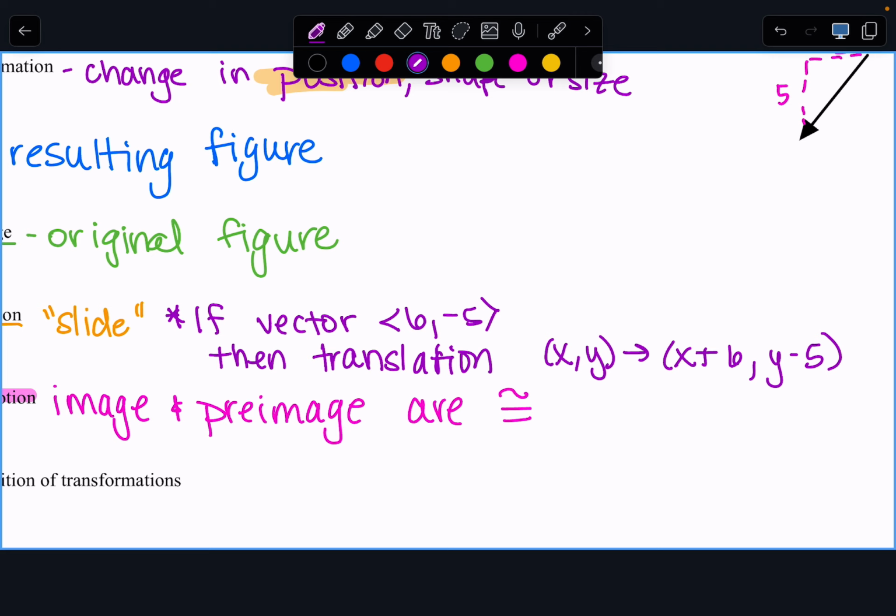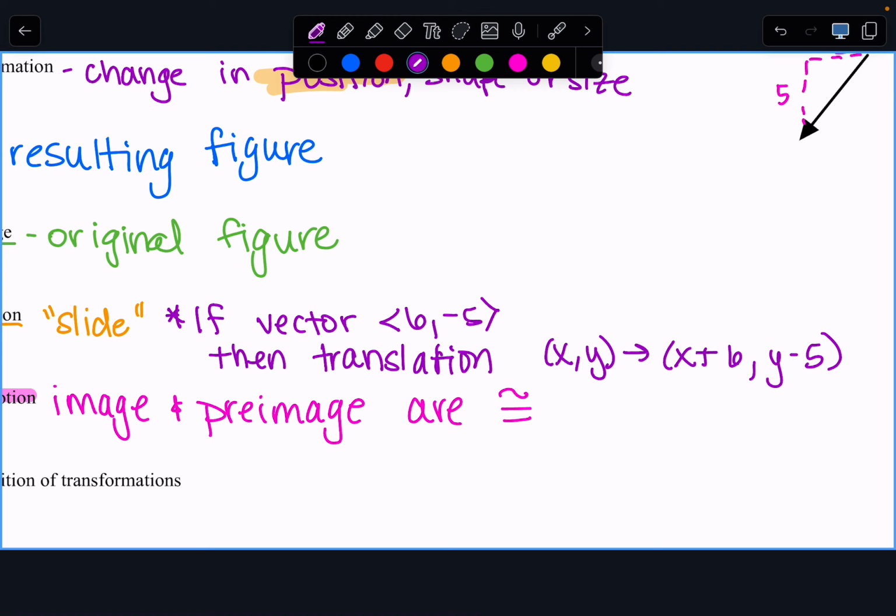Because if this vector is telling me to go right 6, down 5, then I'm going to take all of my x coordinates and move them right 6, and all of my y coordinates and move them down 5. Guess what, guys? If you can plot points and you can count, you're going to be just fine. That's literally all we're going to do.